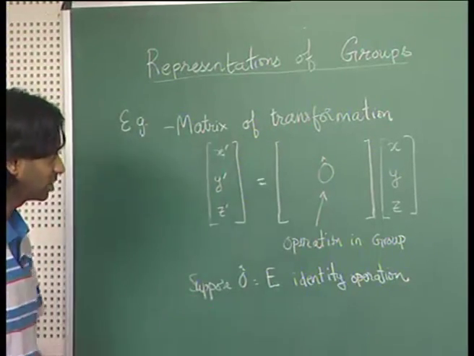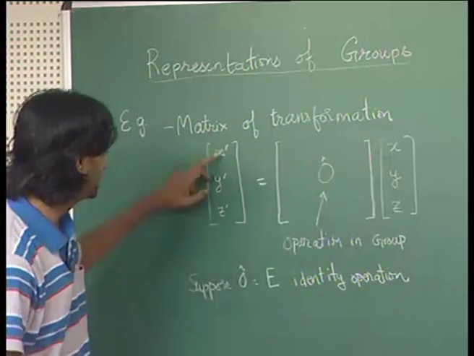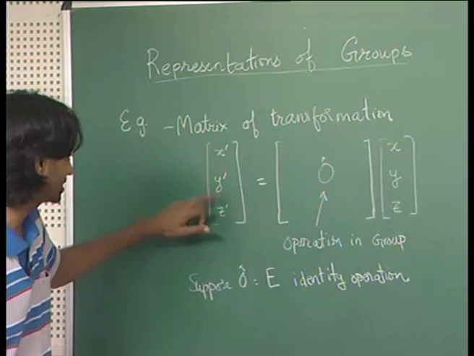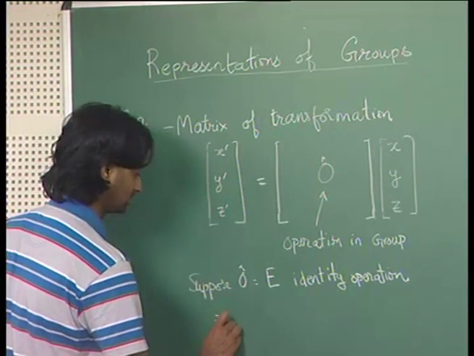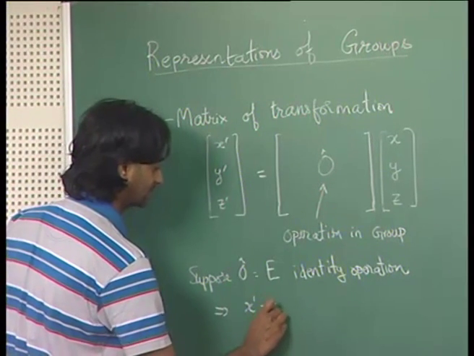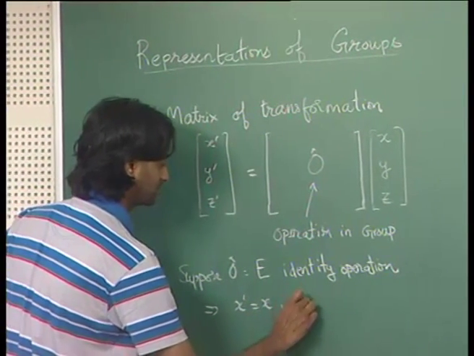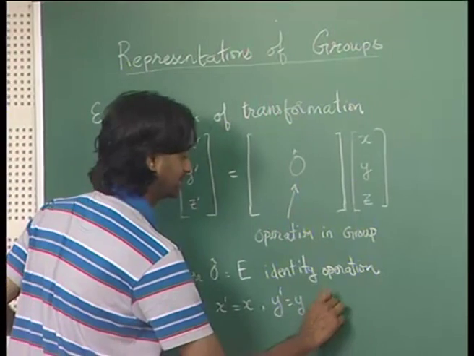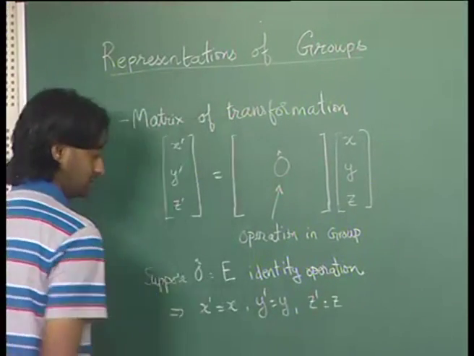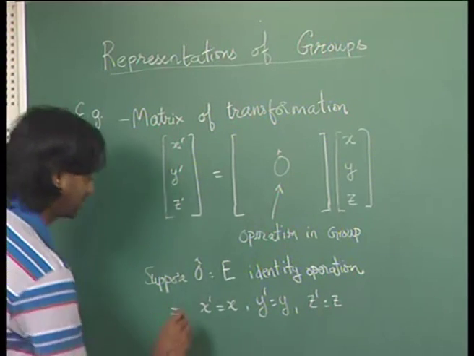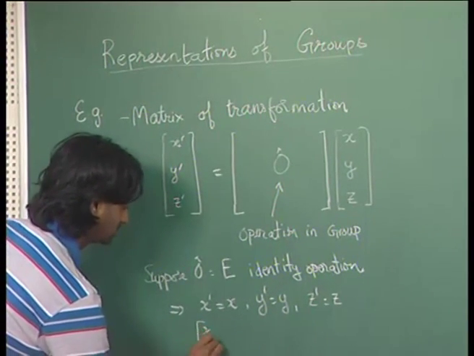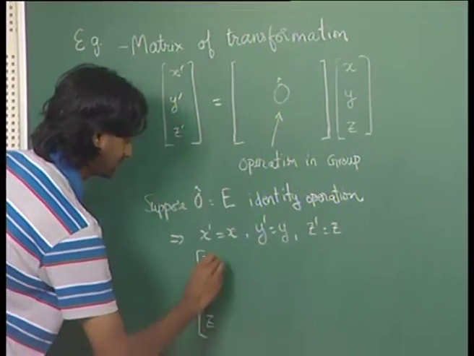So, the identity operation, you can immediately see then x prime, y prime, z prime is equal to x, y, z. So, this implies x prime equal to x, y prime equal to y, z prime equal to z.